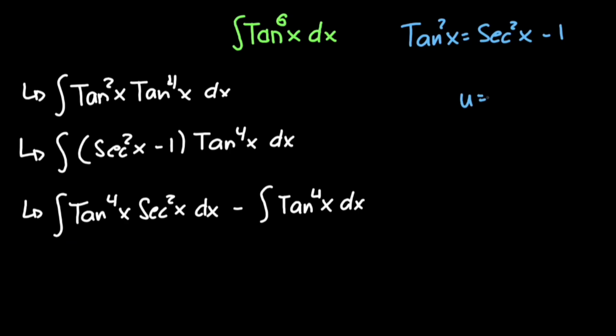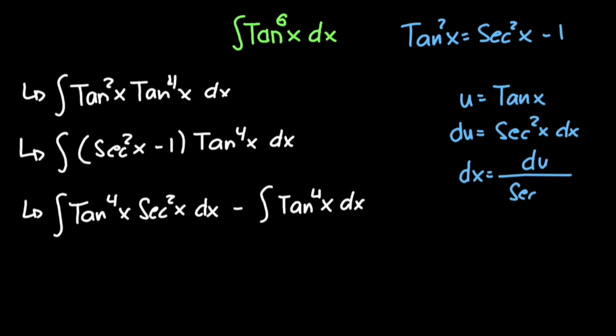Let u here be tangent x. The derivative of tangent x is secant squared of x dx. And so, dx right here would be equal to du over secant squared of x.